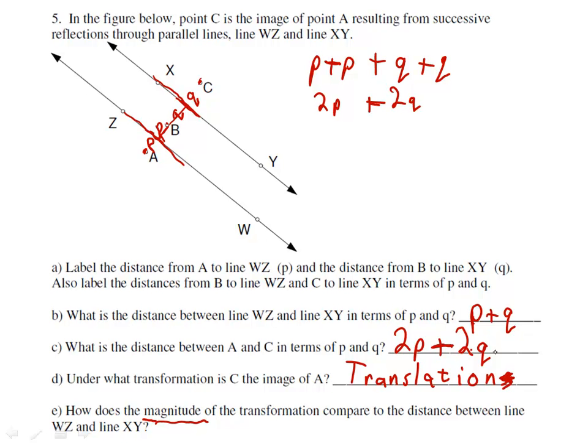This is another example of why, once you answer a question, you may not be done with that question. You probably have to go back and look at it and absorb that information to answer another question later on. So the magnitude is 2 times greater than the distance between the lines.